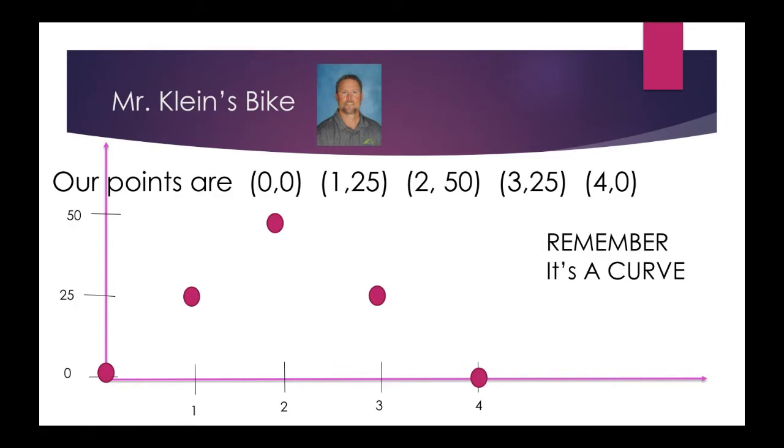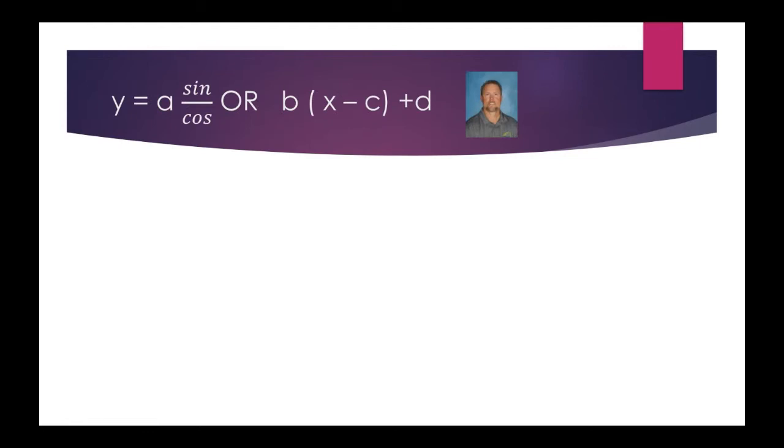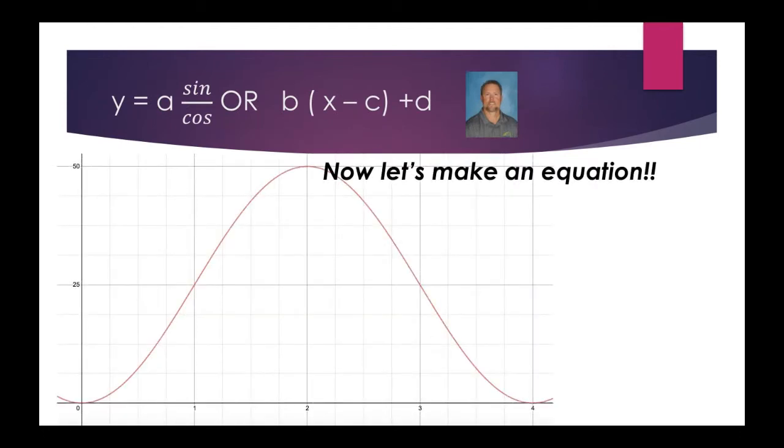So those middle 3 points should look like the top half of a circle. The little guys at the bottom should look like the bottom part of a circle. So the whole thing should look like that.